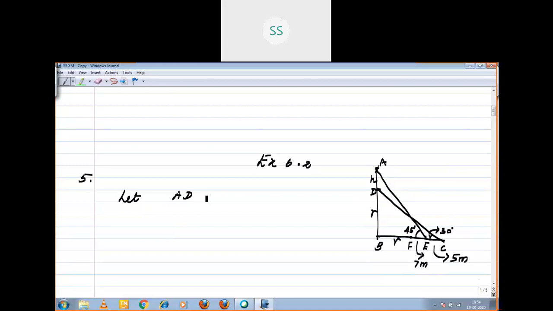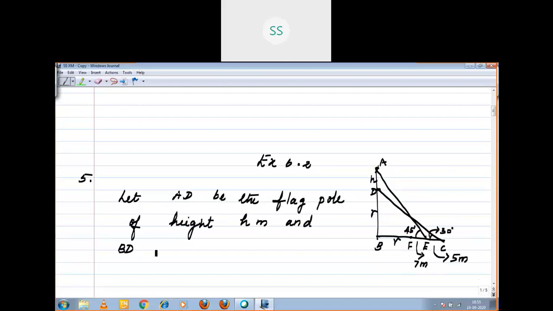AD be the flagpole of height H meter and BD be the radius of the dome.